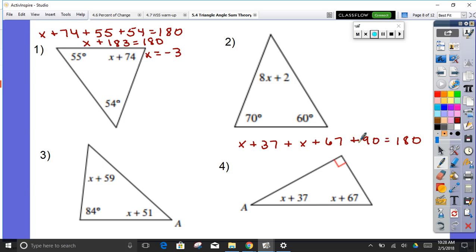Now on this one we have 2 x's, so when we combine like terms, these x's are both on the same side, so we're just going to add them together. 1x plus 1x is 2x plus 194 equals 180. Subtracting 194, we get 2x equals -14, and x equals -7. And we could substitute that in for either of these angles to find out what they are. So one of the angles would be 30, the other angle would be 60.